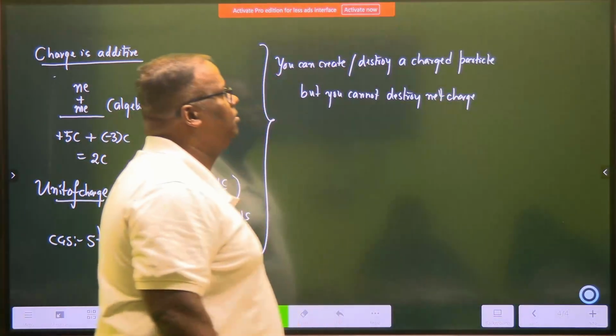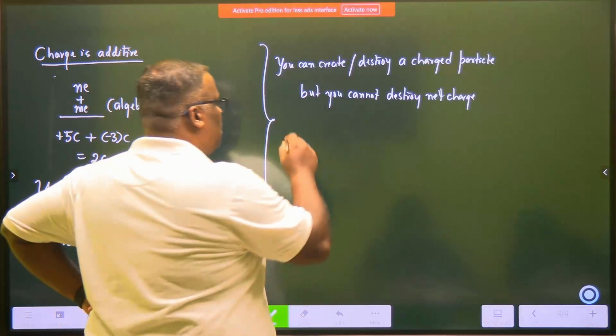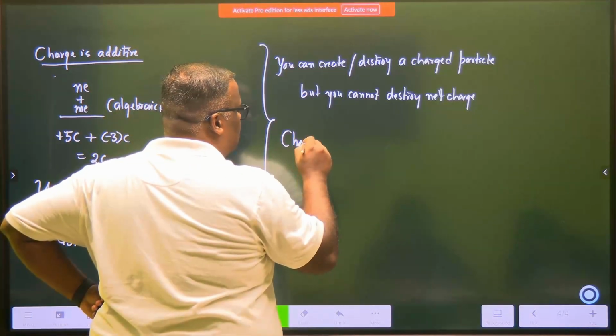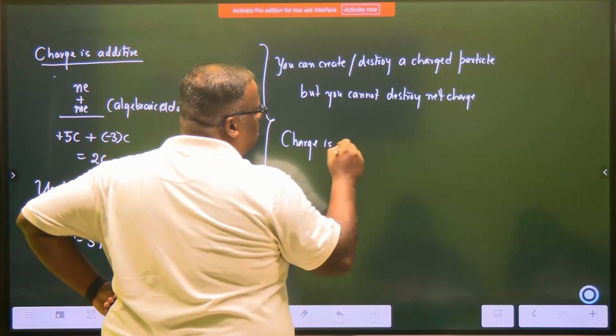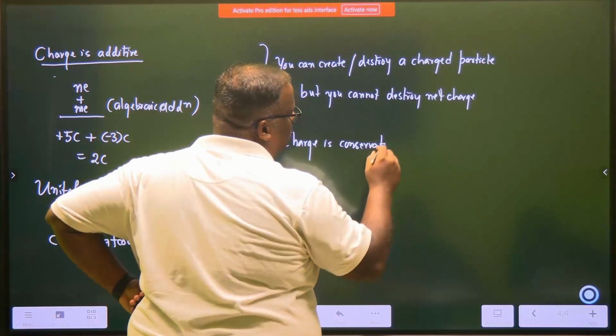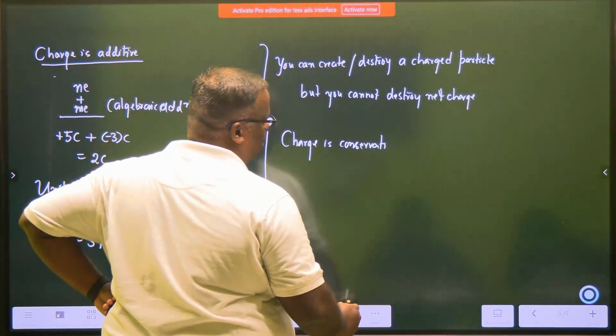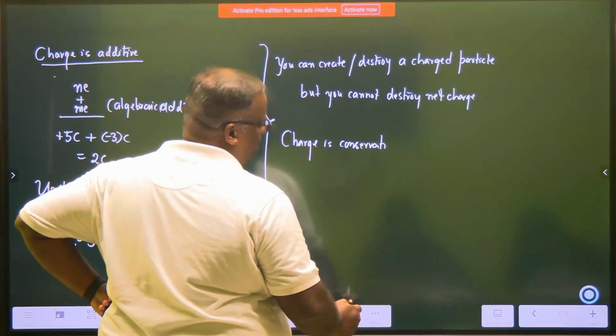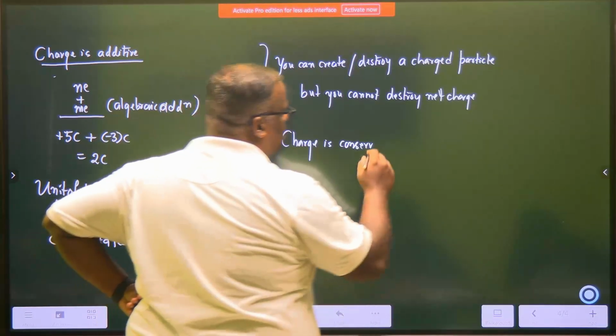Net charge, which means charge is conserved. It's a conservative property. Charge of a body is conserved.